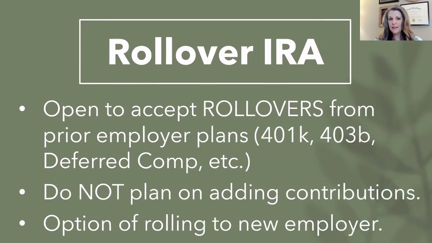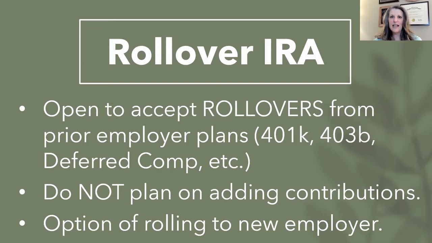This is very different than a rollover IRA. And this confuses people often. The rollover IRA was created to accept rollovers from a prior employer plan. So in that way, it's just like what I just said with the traditional IRA. But with a rollover, you do not add money to this.